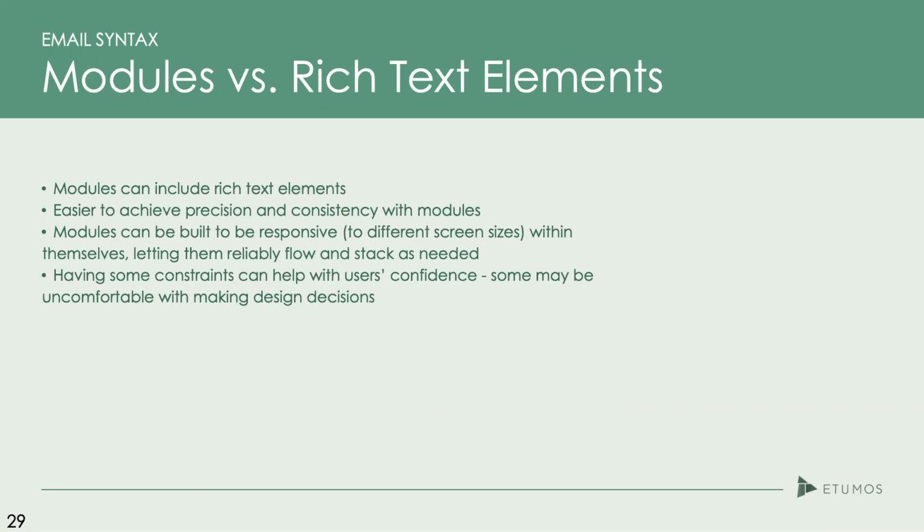Modules can be built to be responsive to different screen sizes within themselves, letting them reliably flow and stack as needed. Having constraints in the form of modules can provide guardrails and help users be more confident. The blank slate of a rich text element can be too overwhelming for those uncomfortable making major layout design decisions.